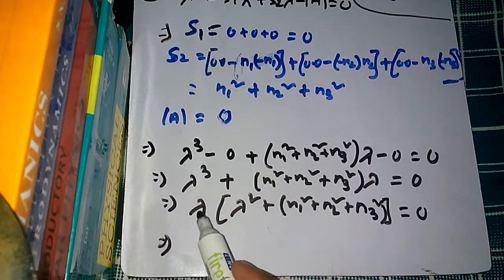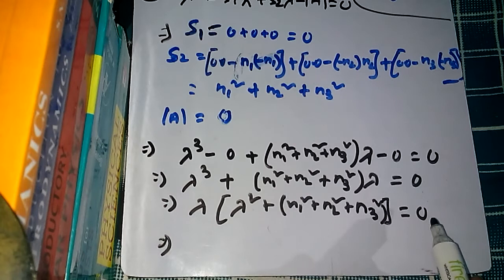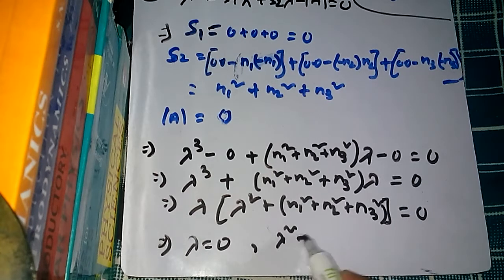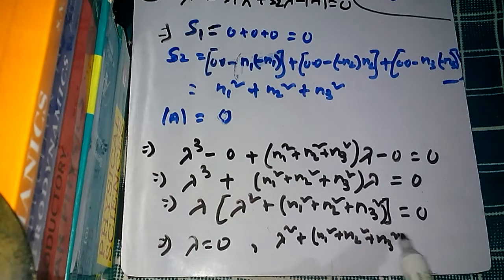Now we cannot take this lambda to the right side and make it 0, because we need the value of lambda. So what we can do is make this term individually equal to 0 and this term individually equal to 0. So lambda equals 0 individually, and lambda square plus n1 square plus n2 square plus n3 square is individually 0, and this is already one eigenvalue we have found.